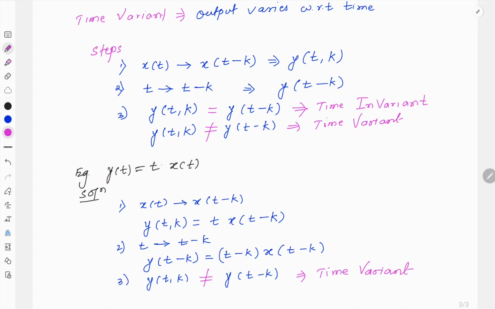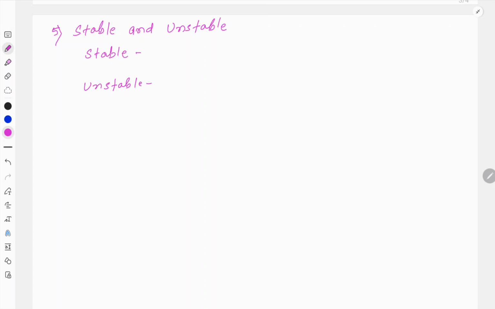So this is how we classify the system as time variant and time invariant systems. The next classification is stable and unstable systems. So let us see the definition of a stable system.